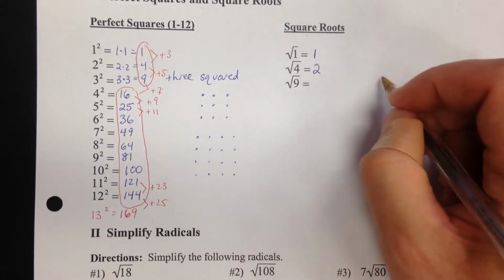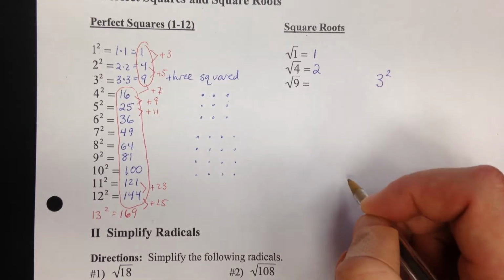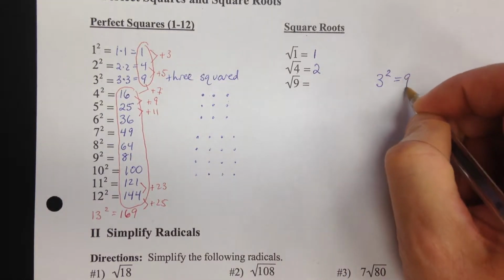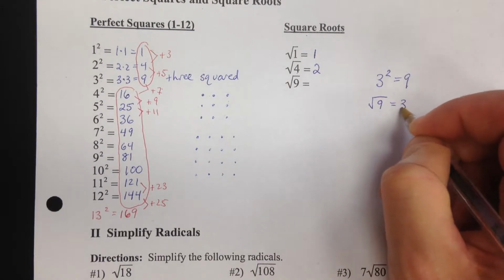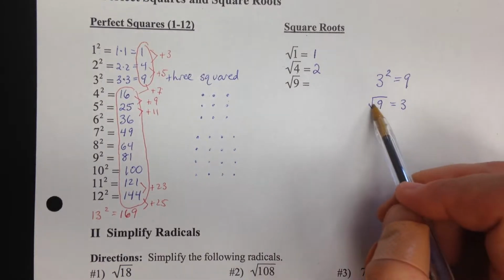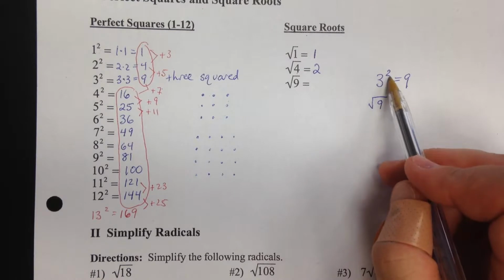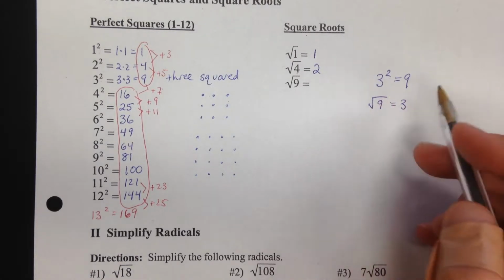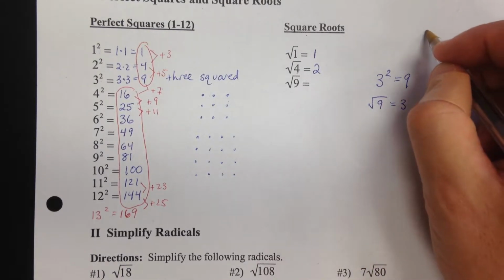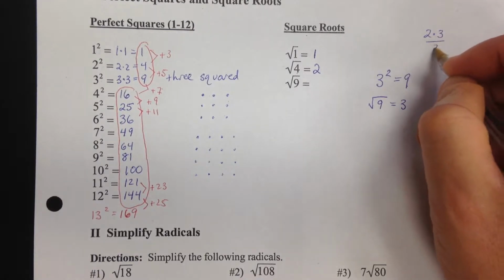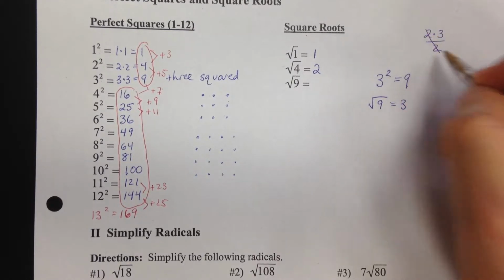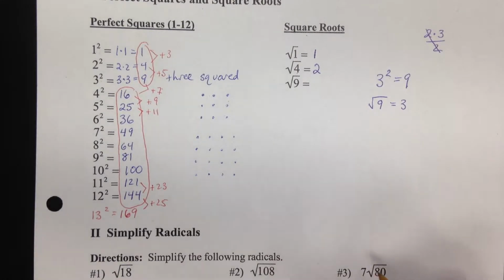So if I take 3 raised to the second, and I get 9, but then I turn around and take the square root of 9, I get back to 3. So the square root undoes the square. It's kind of like if you do 2 times a number and then you divide by 2, the 2's basically undo each other.